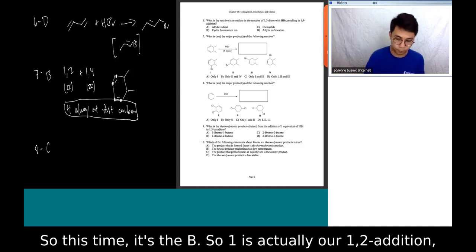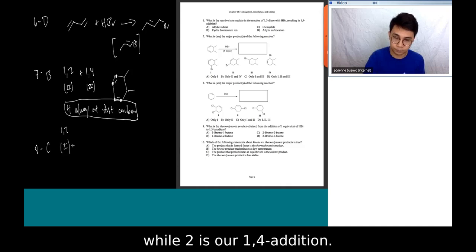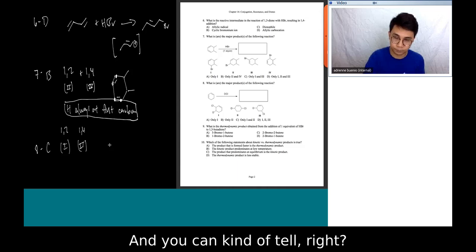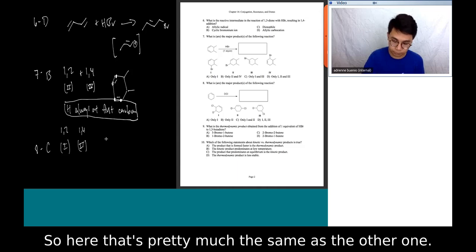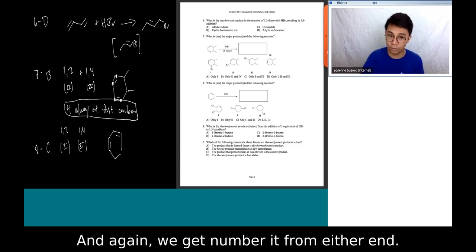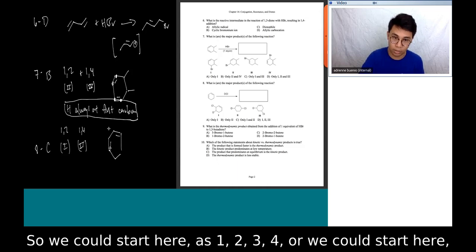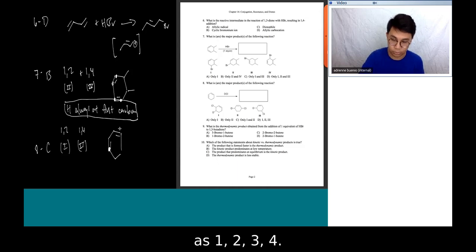So 1 is actually our 1,2 addition, right? While 2 is our 1,4 addition. And you can kind of tell, right? For here, it's pretty much the same as the other one. And again, we can number it from either end, right? So we could start here as 1, 2, 3, 4, or we could start here as 1, 2, 3, 4.